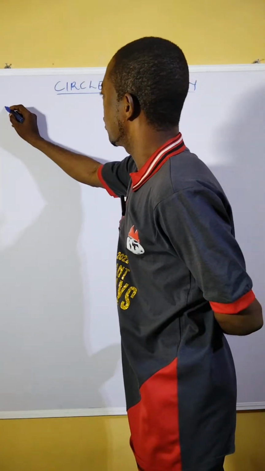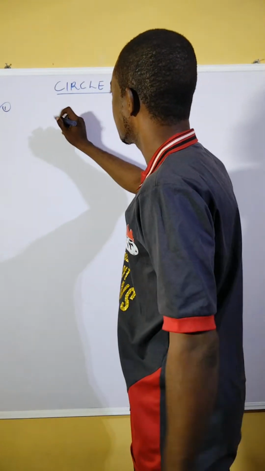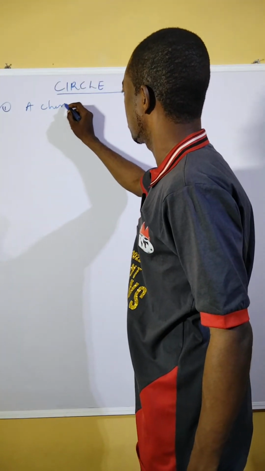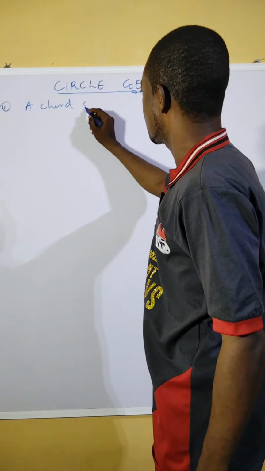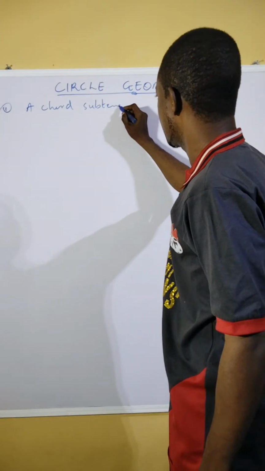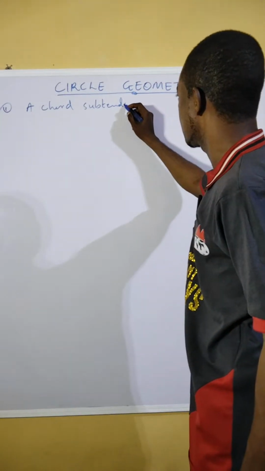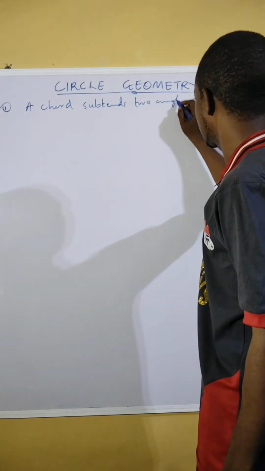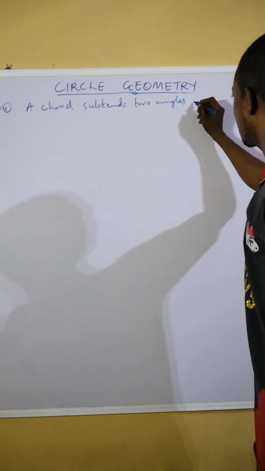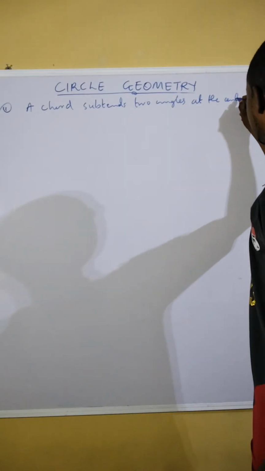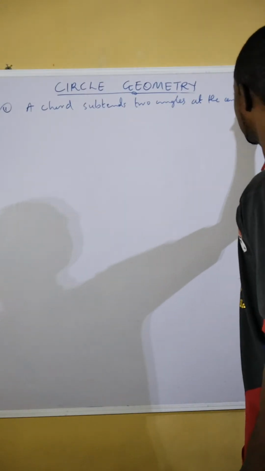First, we should understand that a chord subtends two angles at the center of a circle.